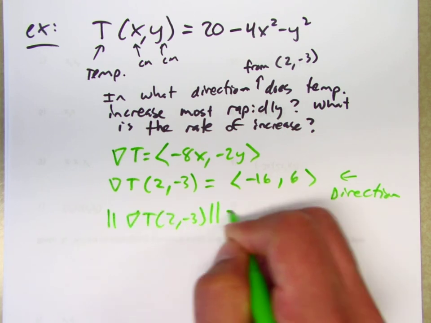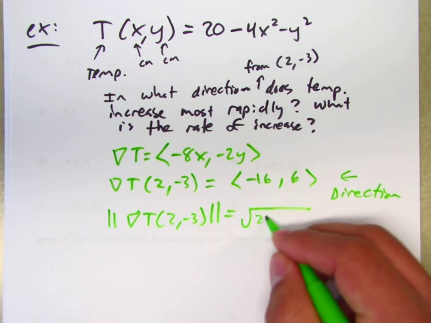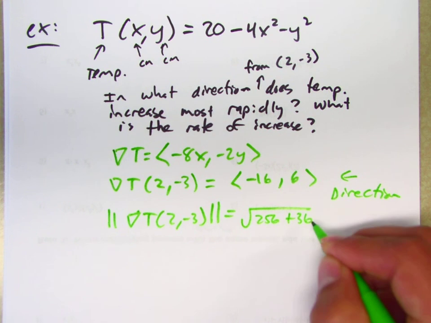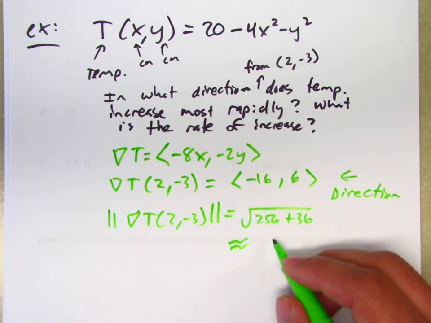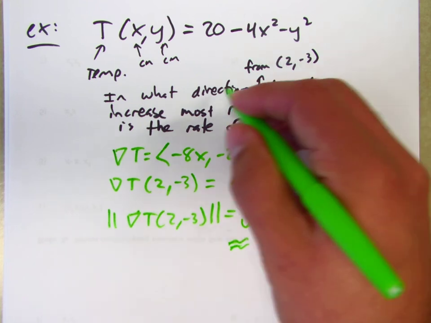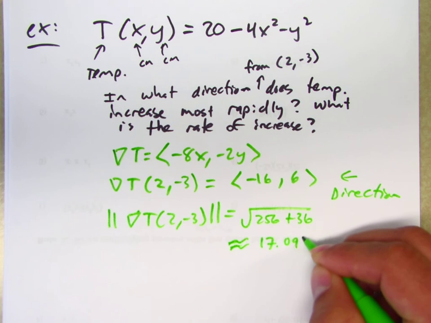That's just going to be the square root of the squares of both of those, 256 plus 36. I do have an approximation. And let's get some units in here. That's why I gave you all these units, right? So we're going to go 17.09 degrees per centimeter.